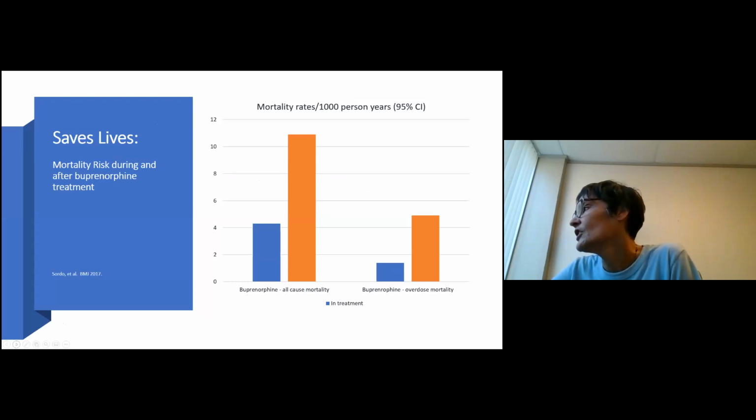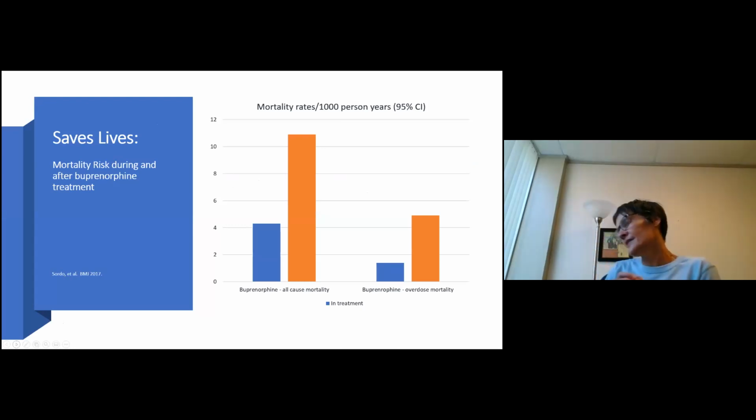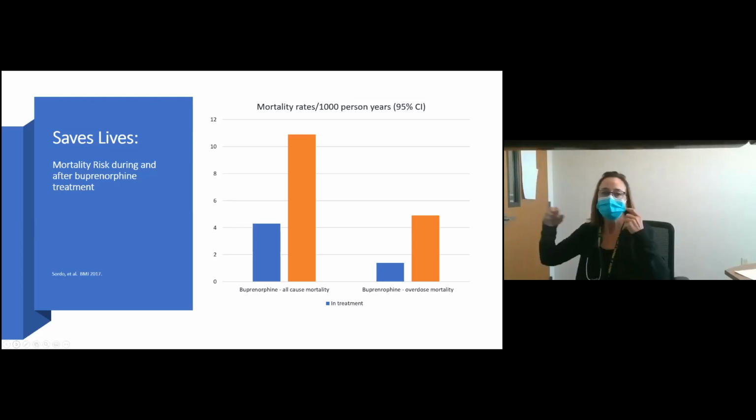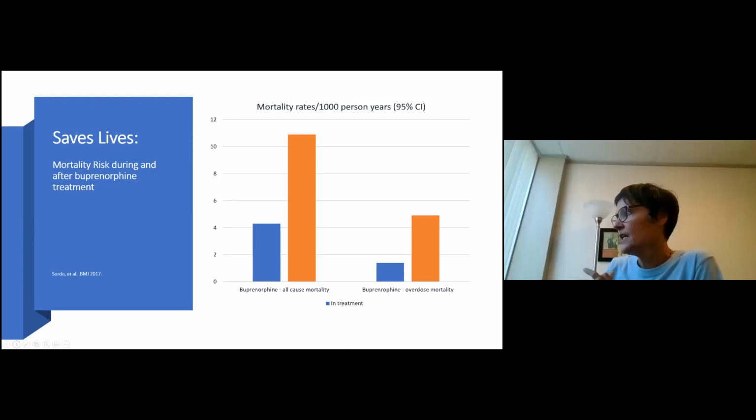This is a figure, a meta-analysis looking at mortality risk during and after buprenorphine treatment. If you look at the left, that's all-cause mortality for people with opioid use disorder. The risk of dying on bupe is blue, off bupe is orange. So you can see that being on buprenorphine decreases the risk of dying for people with opioid use disorder by more than half from any cause.